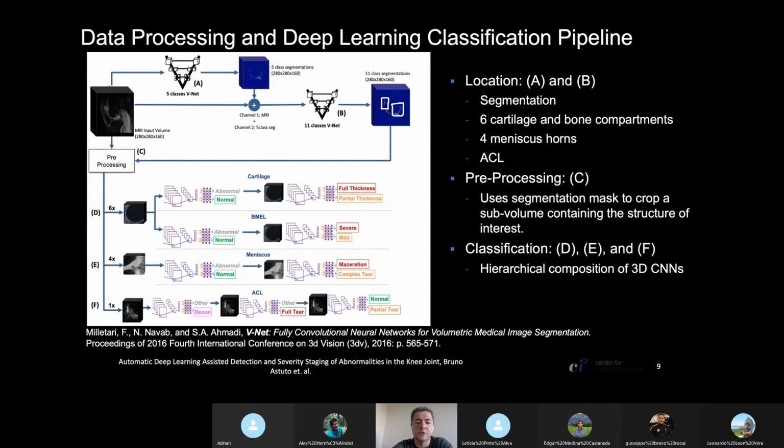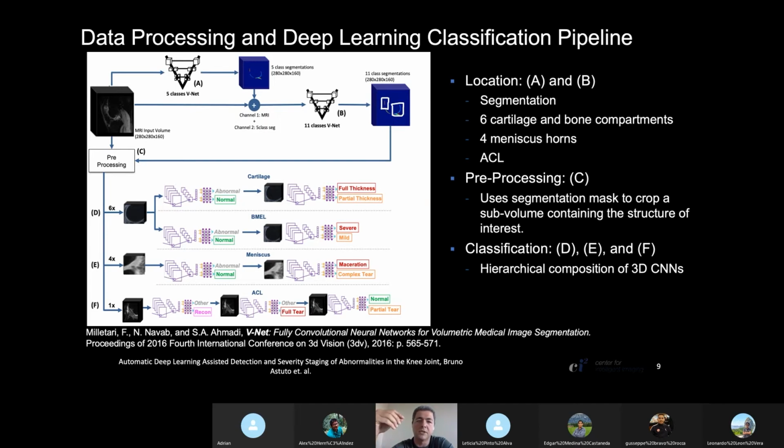I told you that GE was funding the project, and the segmentation is also very useful to measure thickness and volume of the cartilage. We don't use the segmentation only to localize the structures.